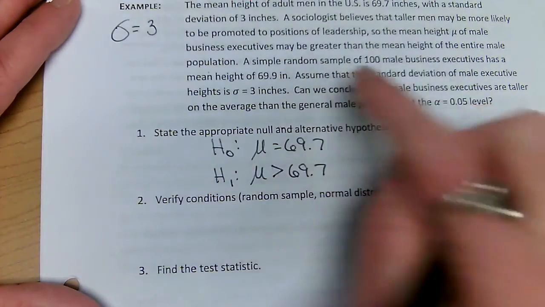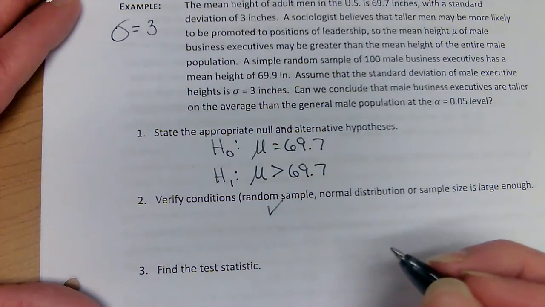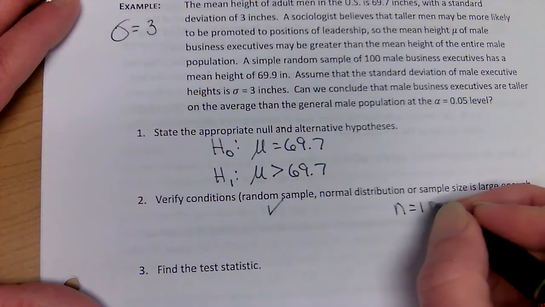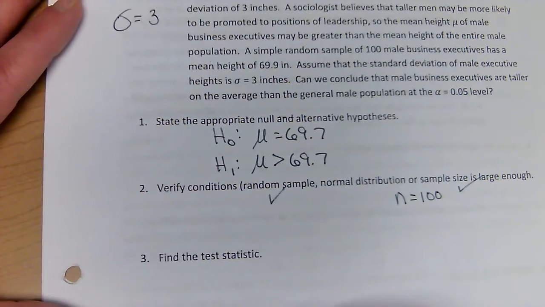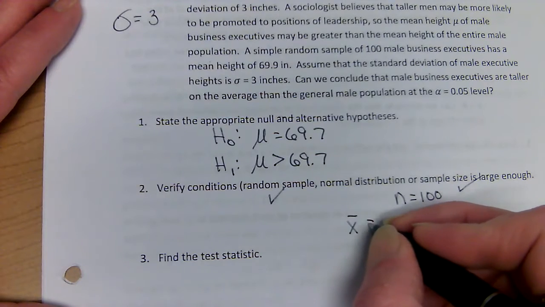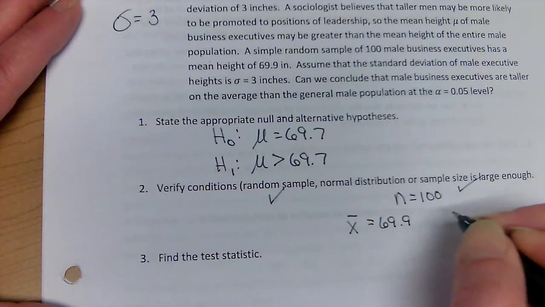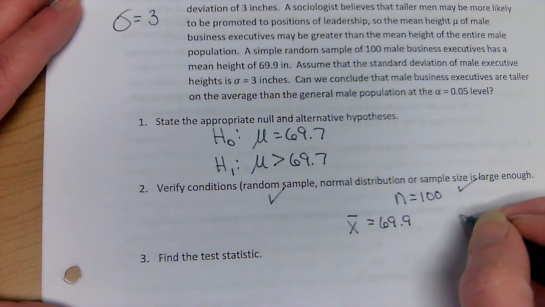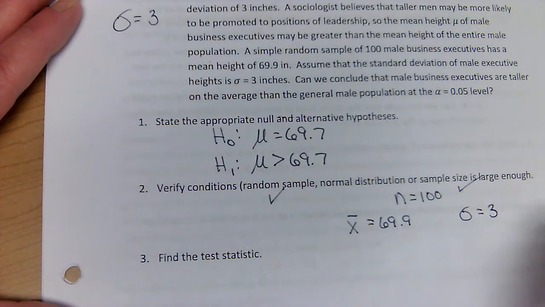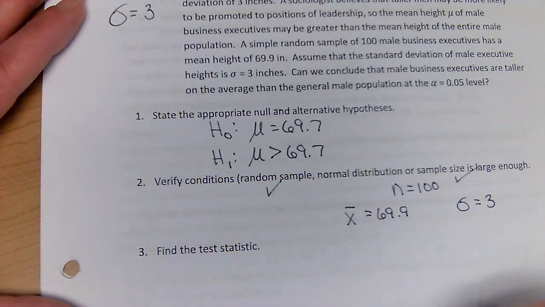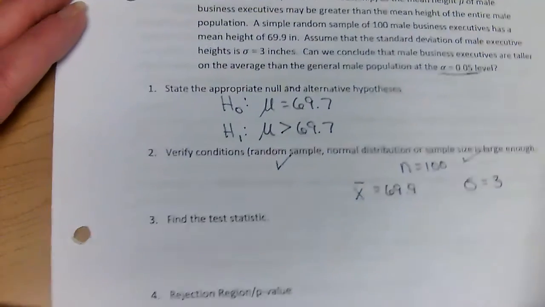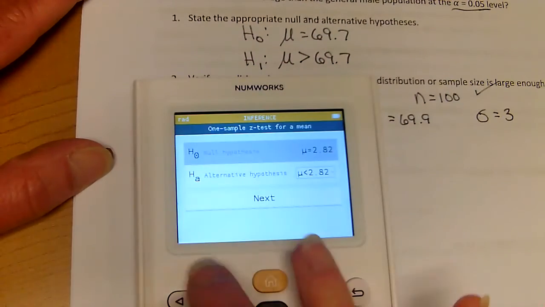A simple random sample, check, of 100 men, N is 100, check, has a mean height of 69.9. Assume that the standard deviation is 3. We are also given that alpha is 0.05. Cool. Back up.